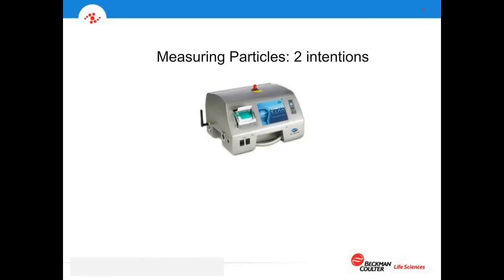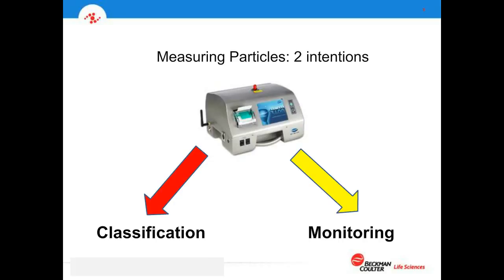One of the things that is often very confusing, and it's important to realize a distinction, is that the instruments that are used for monitoring airborne particulate are really used in 2 different ways, 2 different intentions, even though you're using the same box, the same instrument. It really follows the need to look both at the formal classification effort as well as the more frequent, perhaps daily or even continuous monitoring to assure that the room stays not in compliance with the standard, but rather up to the level of quality needed for a particular procedure or process.